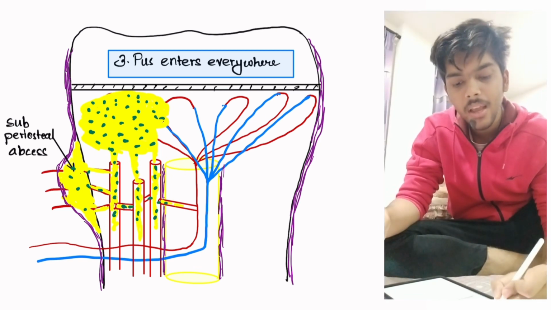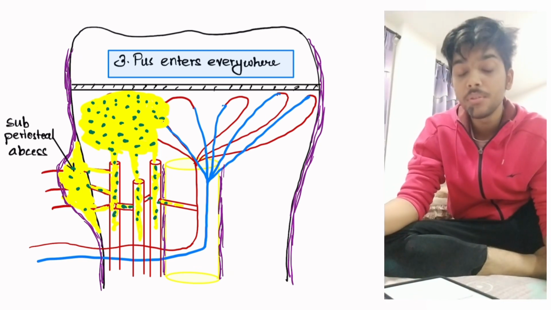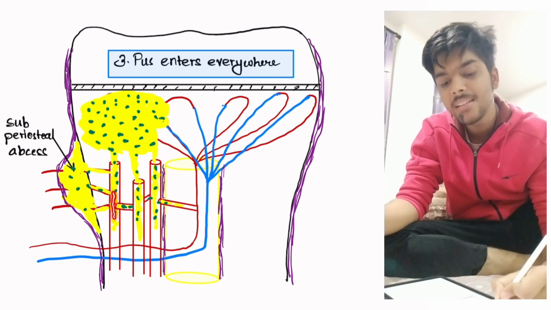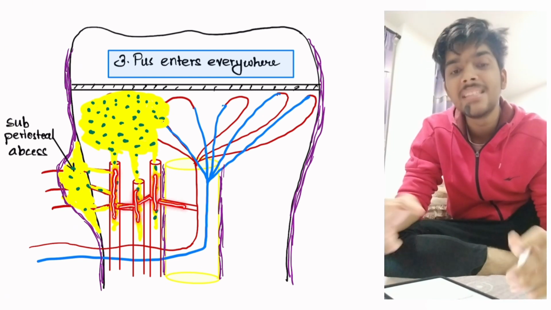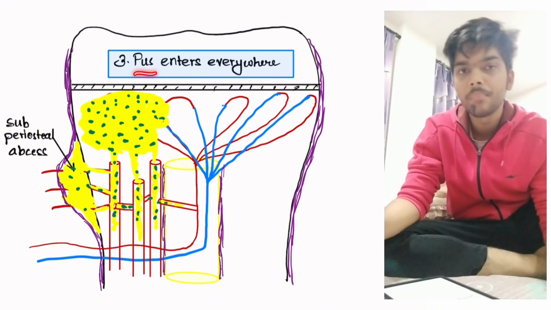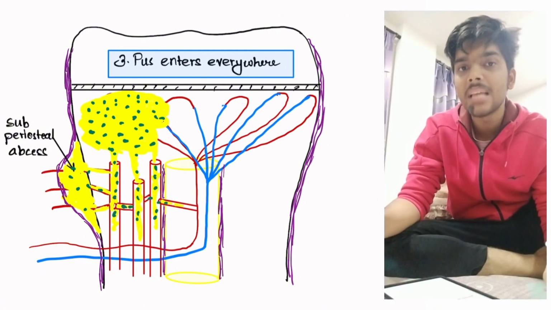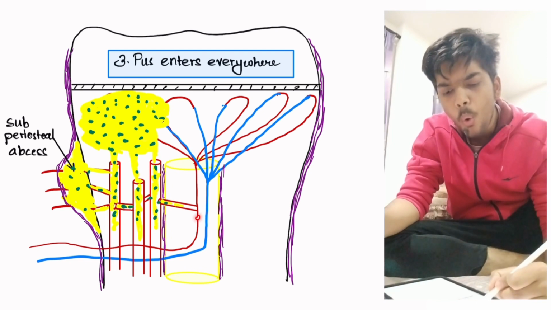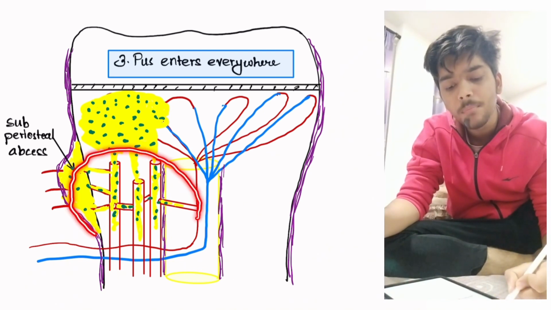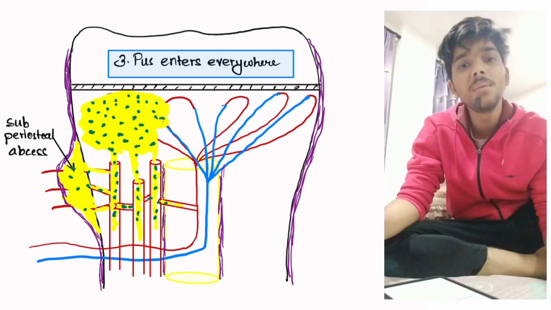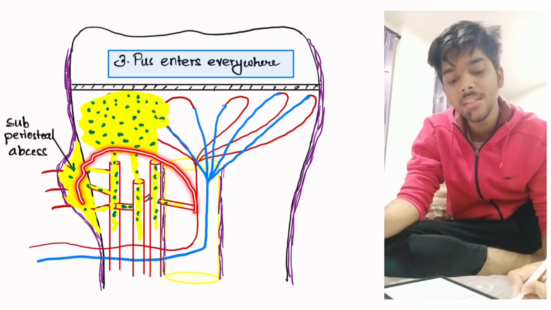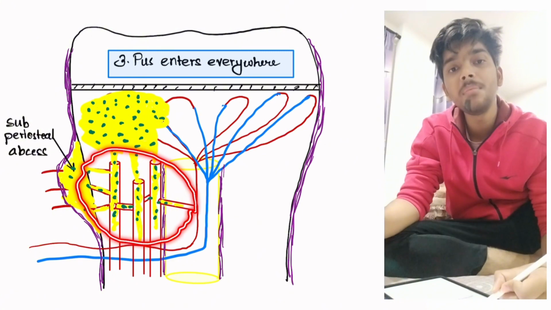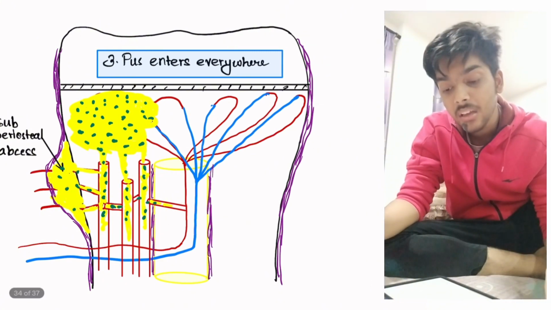Since it has entered every pipe, we also know that these pipes carry blood vessels. So the blood vessels have also been jammed with pus. Once the blood vessels are jammed, this whole region is devoid of blood, because there is no flow of blood to this region. That means this region becomes ischemic.